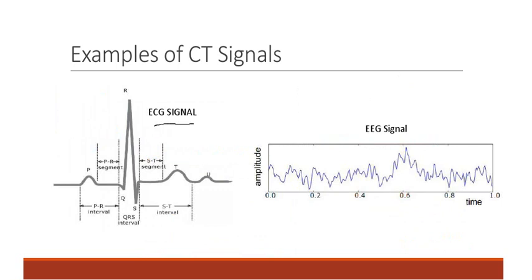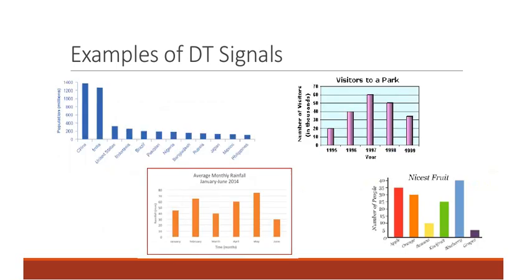When the patient is in the ICU, you cannot miss a single instant of time over the period for which the patient is under observation. So here the signal is measured for all instants of time, and this falls under the category of CT signal, whereas DT signals are used when it is essential to measure the recordings at only certain instants of time, and hence the category becomes a DT signal.